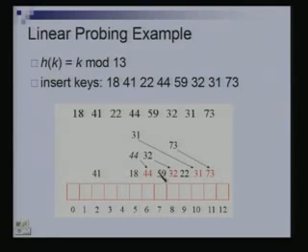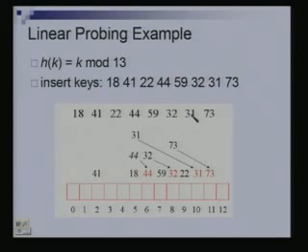So we come to this location, it was empty, so we put 59 here. 32, 32 mod 13 is 6, and 44 is sitting at 6. So we go to the next location, 59 is sitting at this location. So we go to the next location, which is still empty, so we put 32 here.